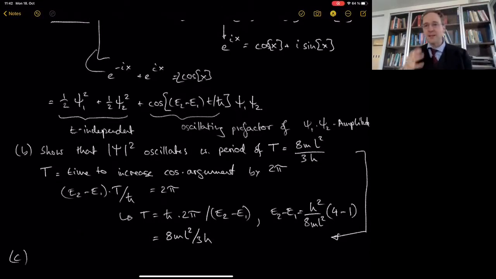So maybe this is still a bit abstract. To make things crystal clear, one would like to do some graphical illustration.